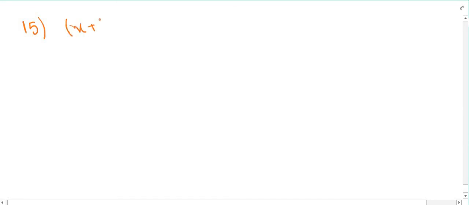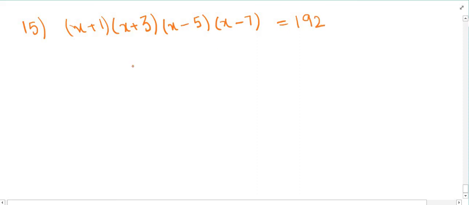Okay, 15. (x + 1)(x + 3)(x - 5)(x - 7) = 192. Now you know how to solve this with the help of the last equation we discussed in our last lesson, that 1 - 5 equals 3 - 7.